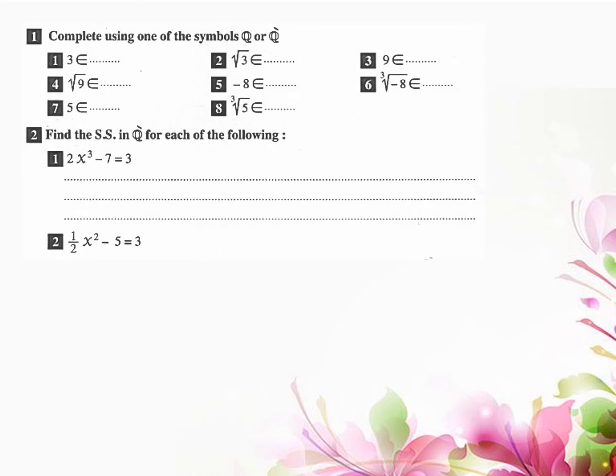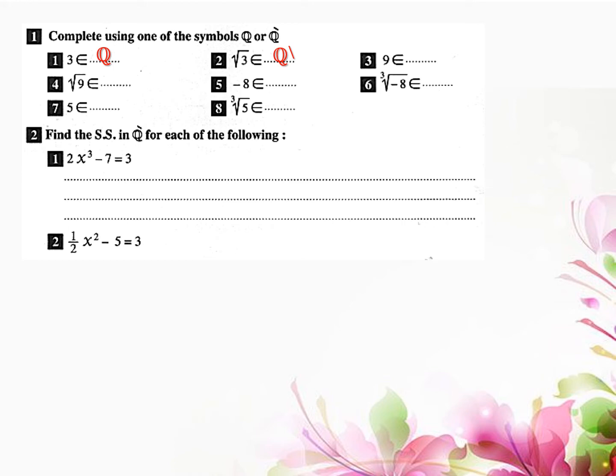Let's see an example. Complete using one of the symbols Q or Q dash. First of all, 3 is an integer, so 3 belongs to Q. Number 2, root of 3. 3 is a non-perfect square number, so square root of 3 belongs to Q dash.